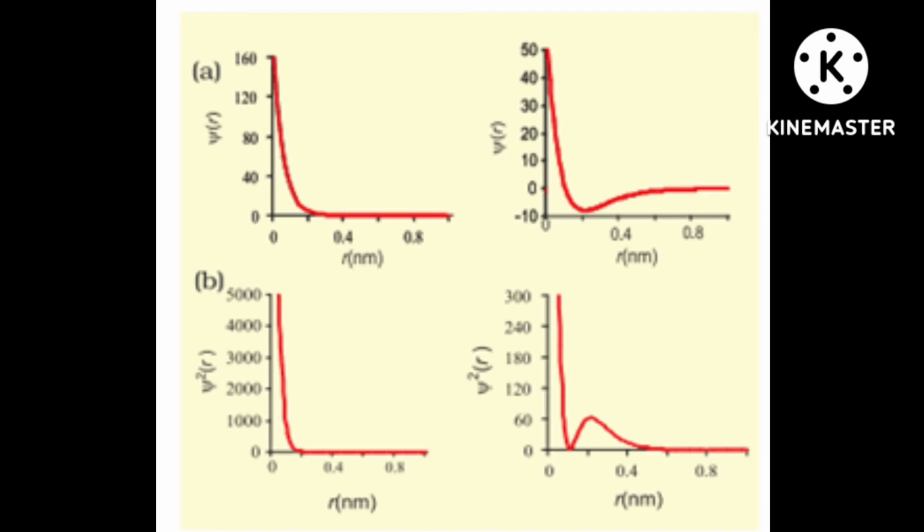Now n is 3, so 3 square, 3 power 2, that is 3 into 3, which is 9. With this one-line formula you can quickly say the number of orbitals is 9.